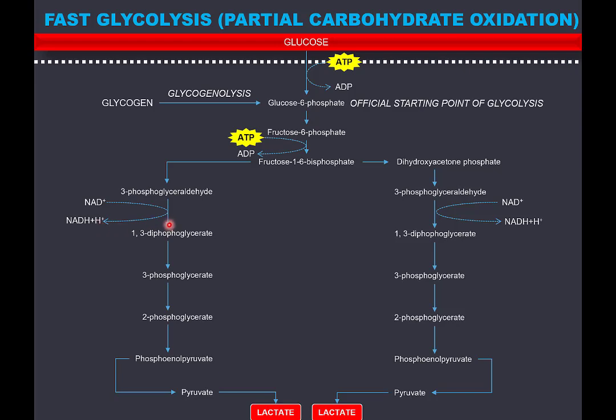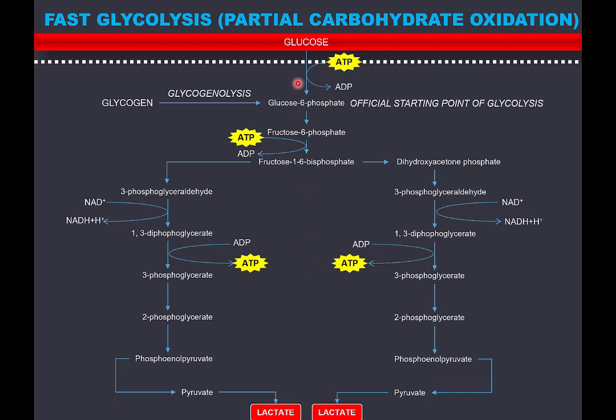Now, after this reaction, we see on both sides that the next reaction produces ATP. So at this step of glycolysis, two ATPs are produced. And remember, the ATP is produced because energy was released from the fuel molecule and used to form ATP, which will contain that energy in the phosphate bond. So this reaction here on both sides involves just that. So what is the net ATP yield at this point?